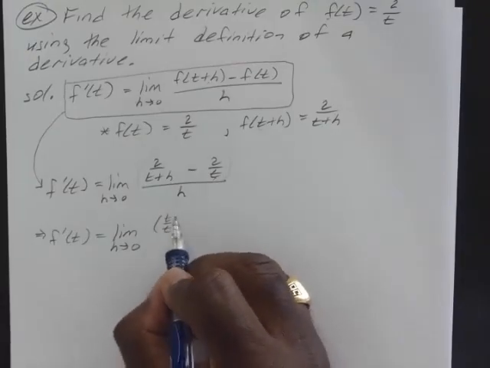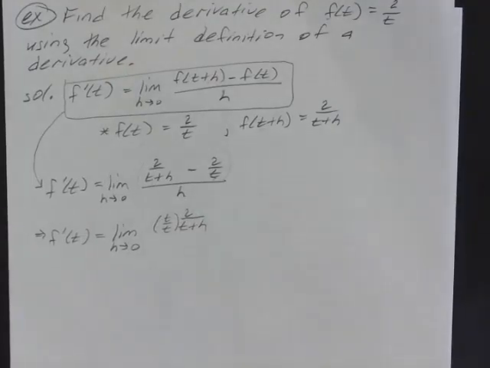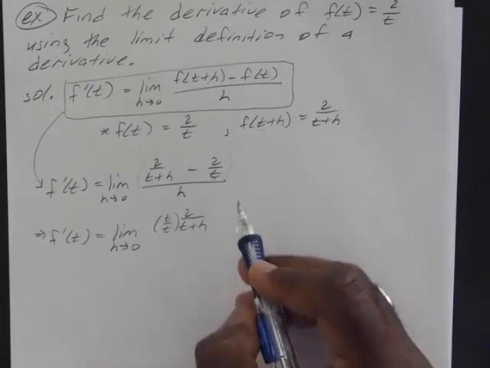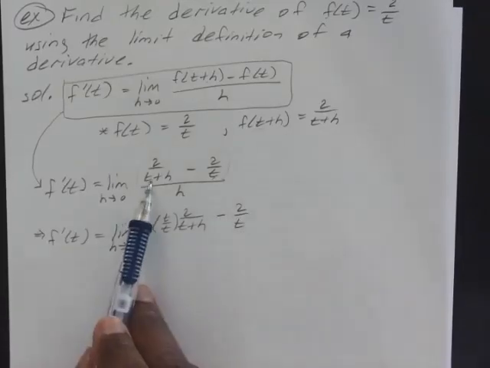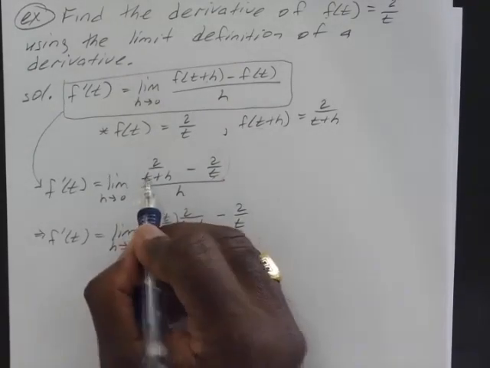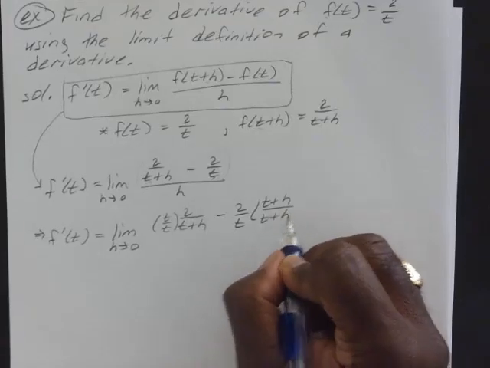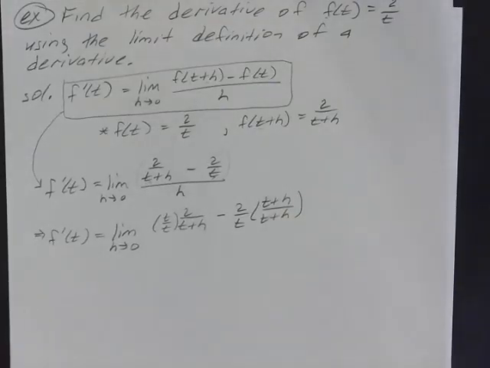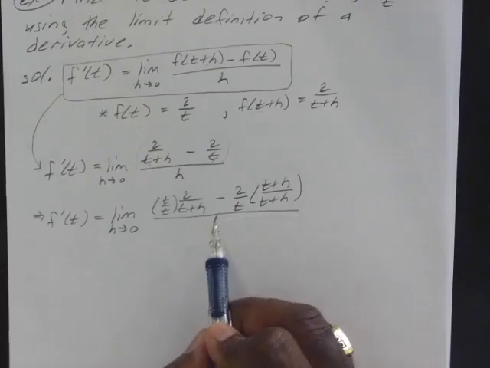So t divided by t times 2 divided by t plus h, minus 2 divided by t, we're going to multiply that by the opposite denominator. So that's going to be t plus h divided by t plus h. We're going to divide that by h.